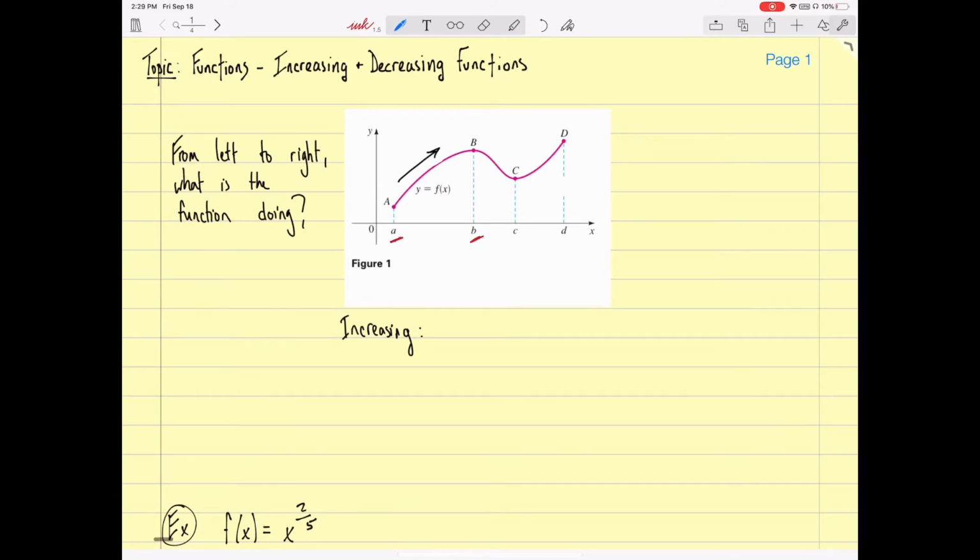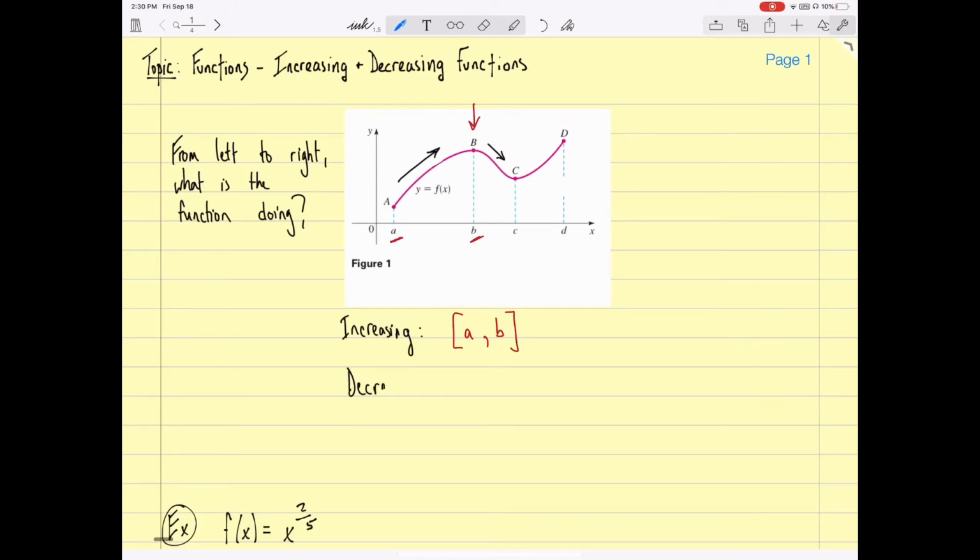So one interval where it's increasing is from A to B. And that takes us to this uppercase B. Between B and C, if I can just draw an arrow on the function, it is going down, so it's decreasing.